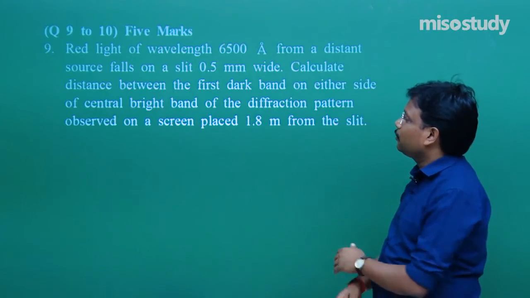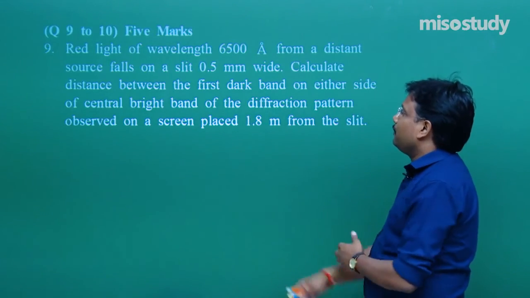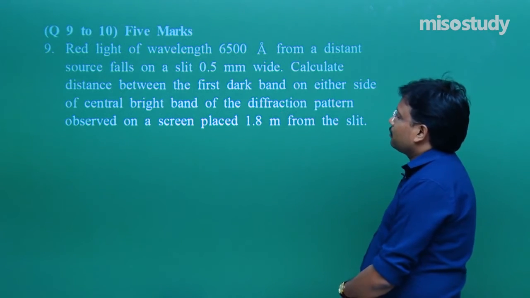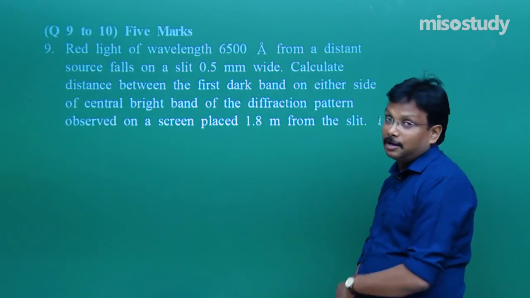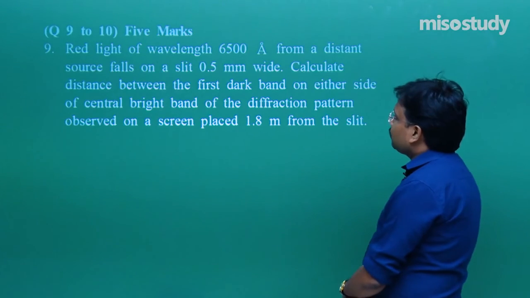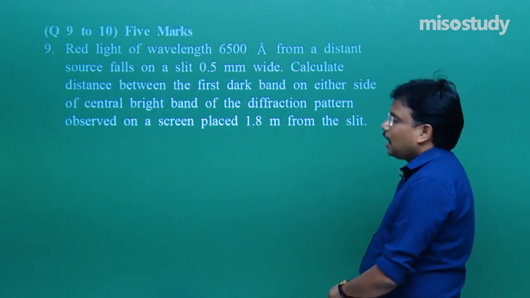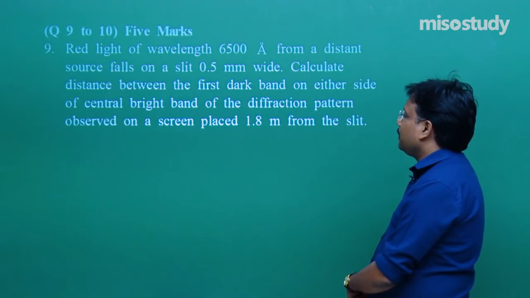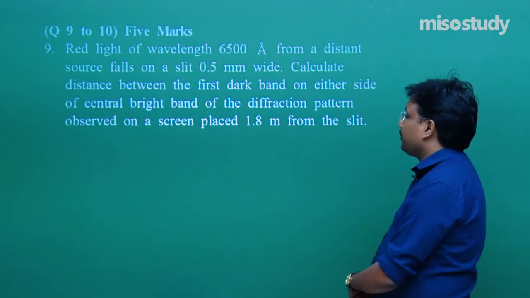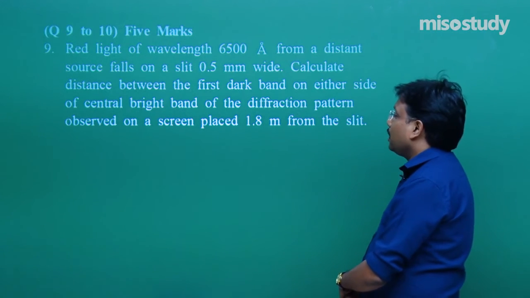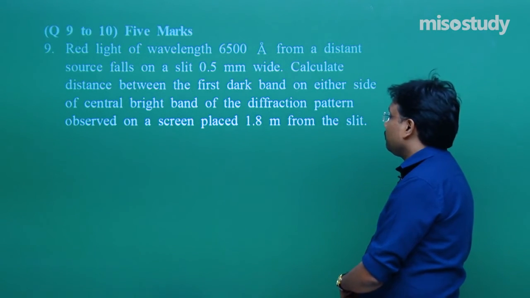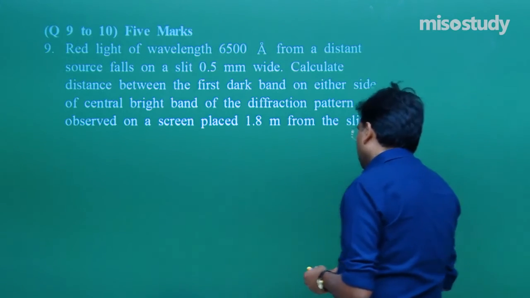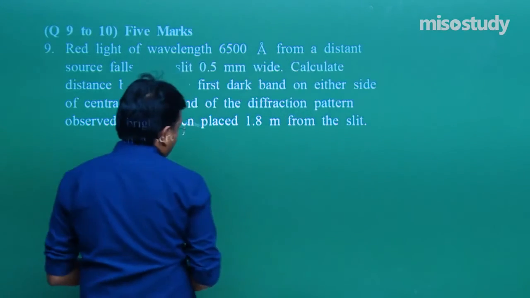So let us read the question. Red light of wavelength, values given, from a distant source falls on a slit of width 0.5 mm. Calculate the distance between the first dark band on either side of the central bright band of the diffraction pattern observed on a screen placed 1.8 meter from the slit. So what should you write in this particular question, what exactly is the approach?